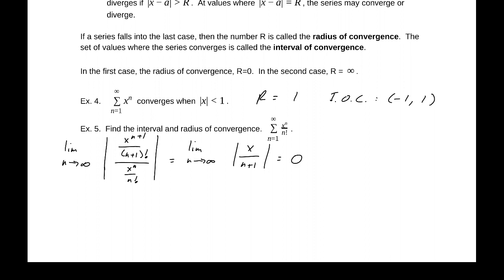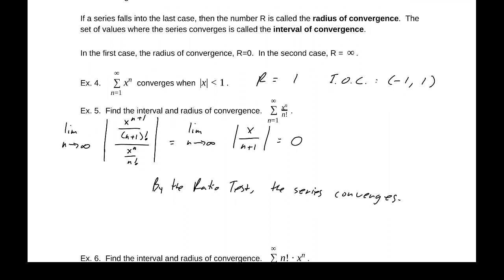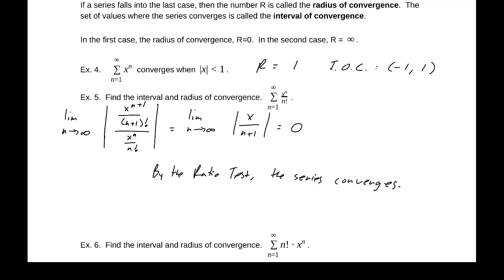So by the ratio test, this series converges. And since it converges for every x, that means it converges on the interval negative infinity to infinity, which makes our radius of convergence infinity.